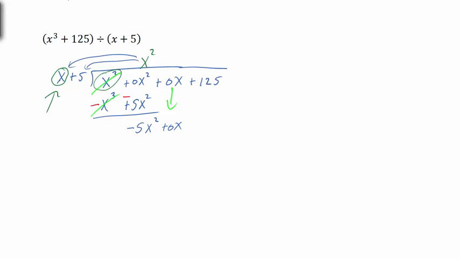What do we multiply x by to get a negative 5x squared? So that means we're going to need a negative 5 and also an x. So that's going to give us a negative 5x squared. And then a negative 5 and a positive 5 would be a negative 25x.